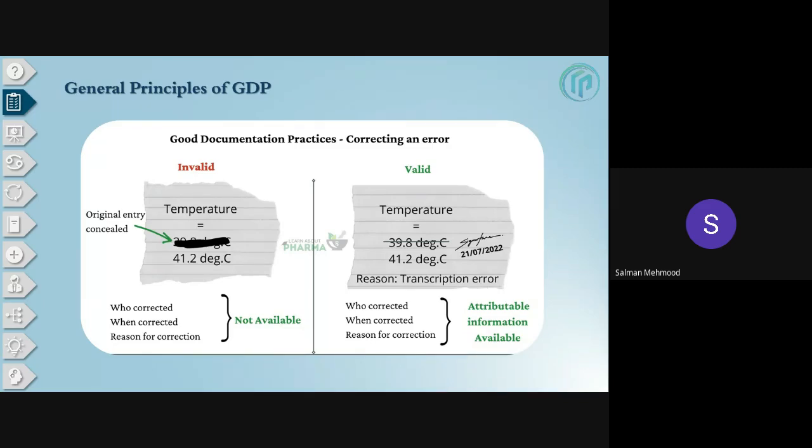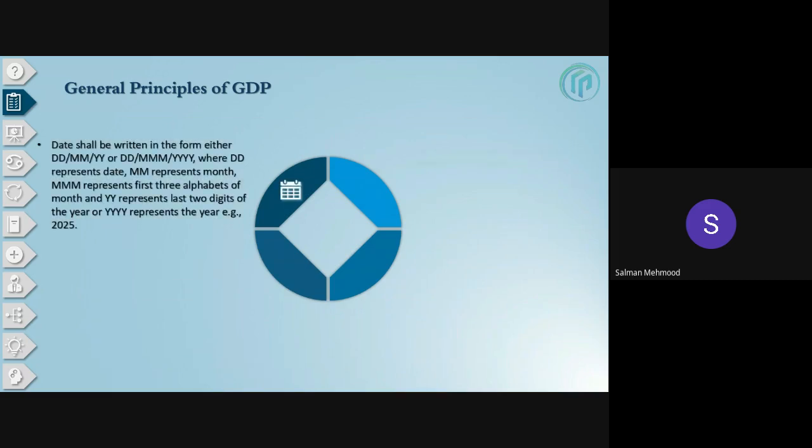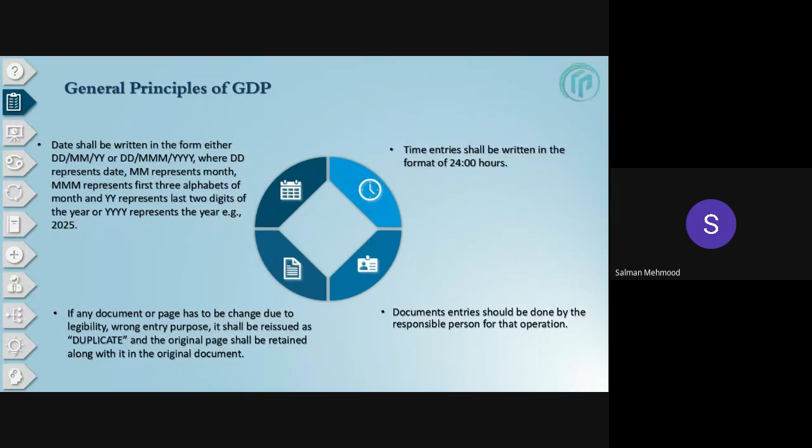So this is the clear picture of how we correct an error. These may look like small details, but these small habits decide whether the documentation becomes evidence or liability.